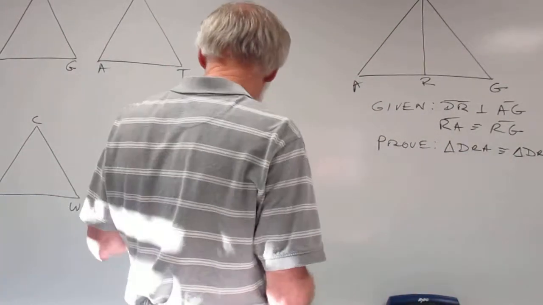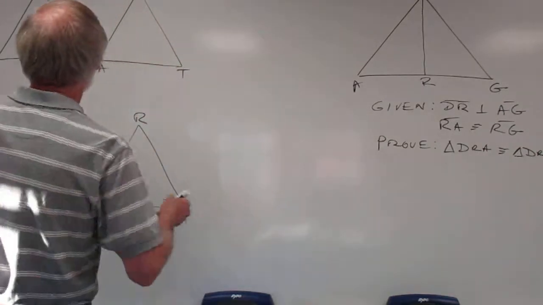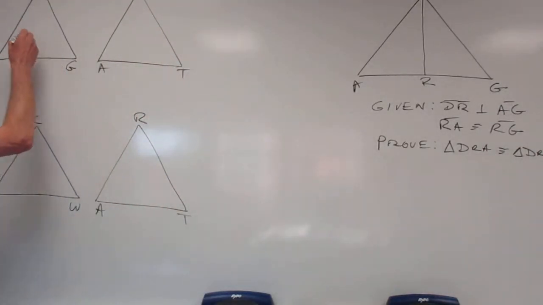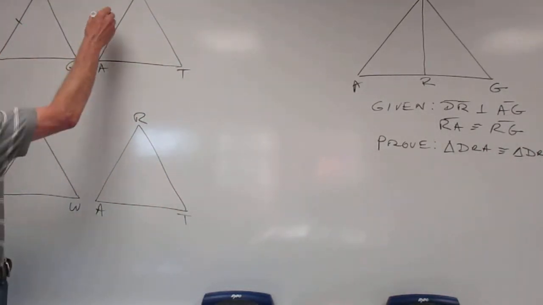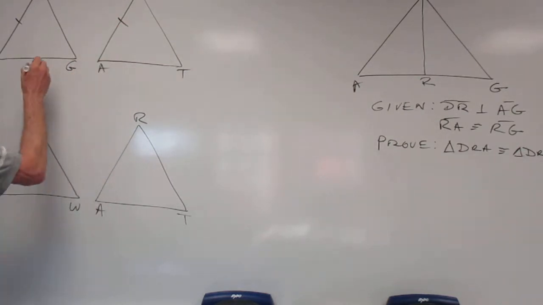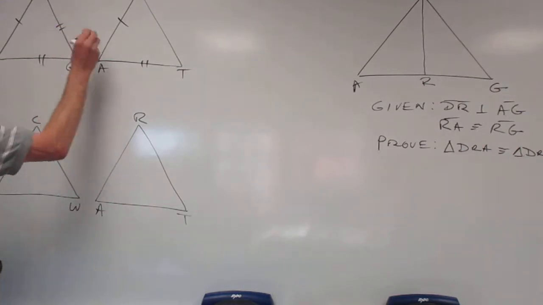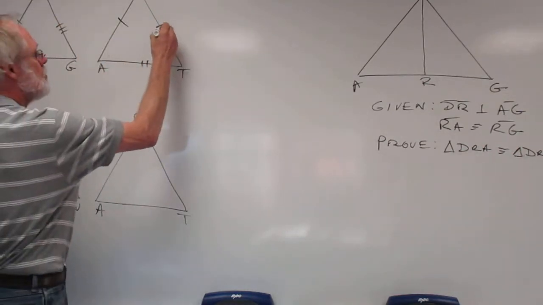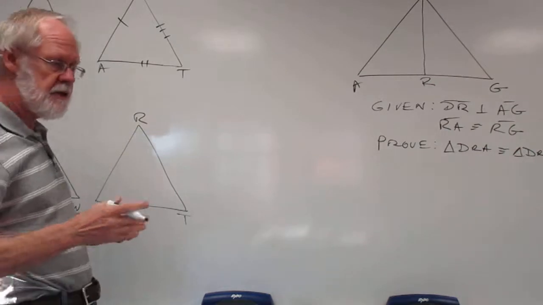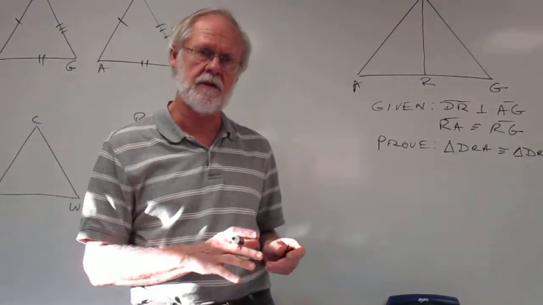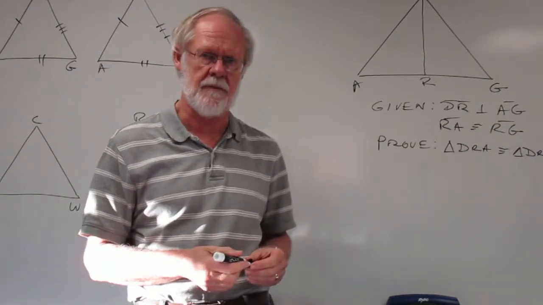If we look over here, I've drawn a couple of triangles up here. If we know that this side is congruent to this side, and this side is congruent to this side, and this side is congruent to this side, then you have all 3 sides of one triangle congruent to all 3 sides of the other triangle.